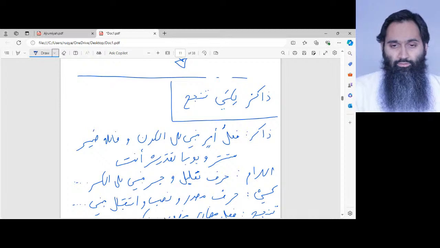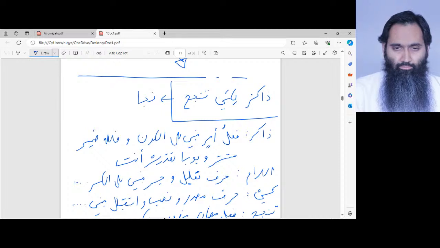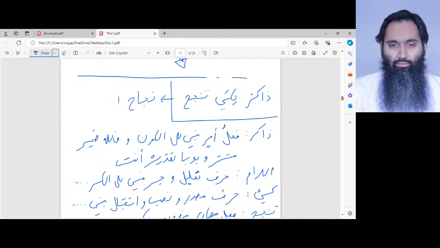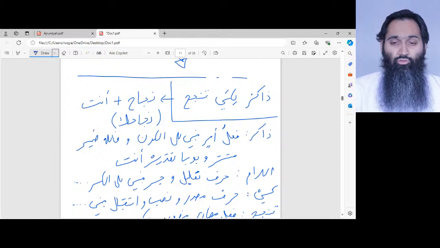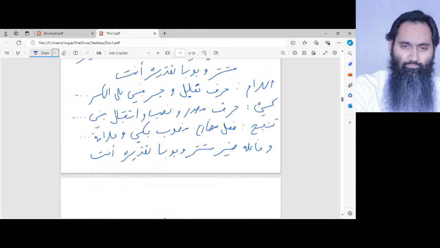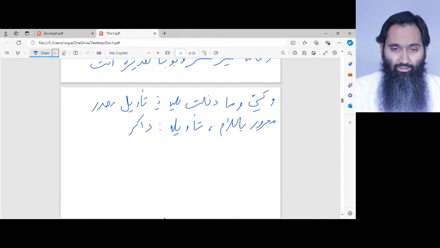The masdar from najaha yanjahu is najah, and the fa'il is anta, so that would be najahika. But here, because it is majroor, it would be linajahika. So we say ta'wilu dhakir linajahika.